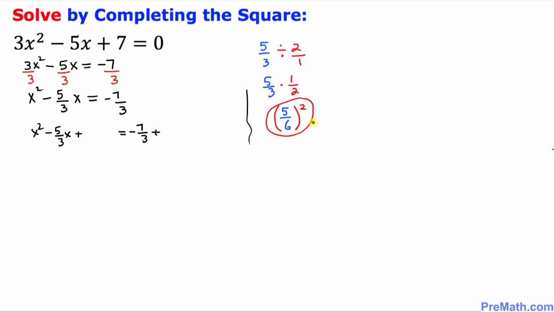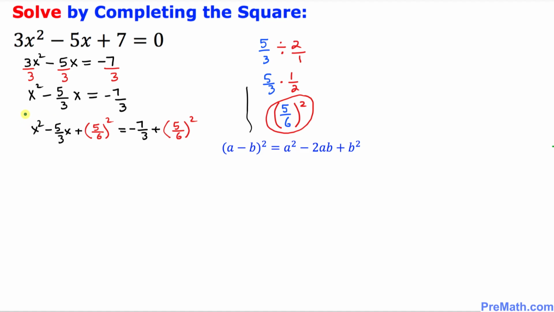Now let's add this quantity on both sides, 5 over 6 squared on this side and 5 over 6 squared on this side as well.